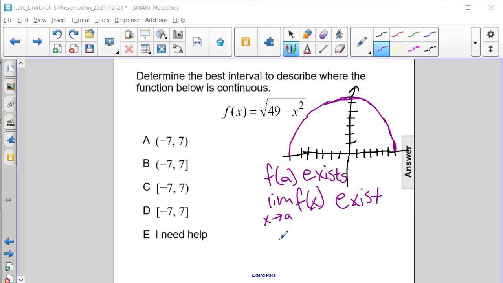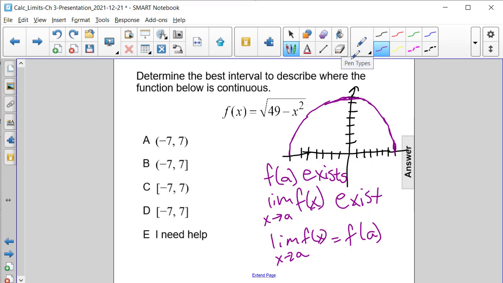Now the question is, does the limit of f of x as x approaches a equal f of a for all a values within this open interval from -7 to 7? It actually does.